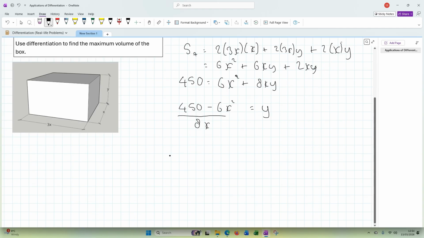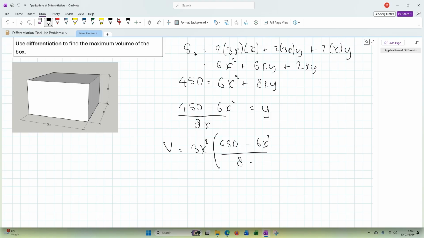Okay, so V equals 3x squared times 450 minus 6x squared over 8x. So there's our formula in terms of x's.